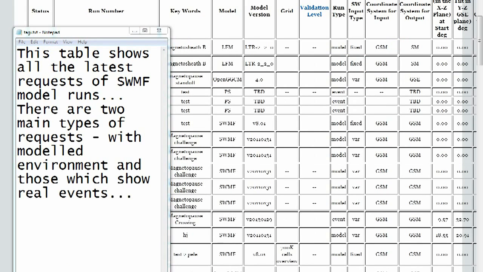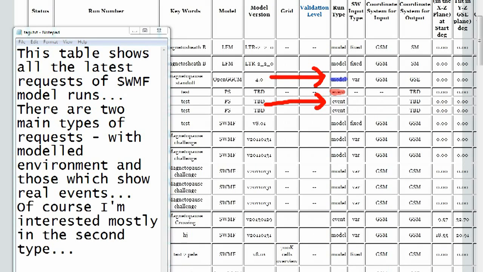There are two main types of requests, with modeled environment and those which show real events. Of course, I'm interested mostly in the second type.